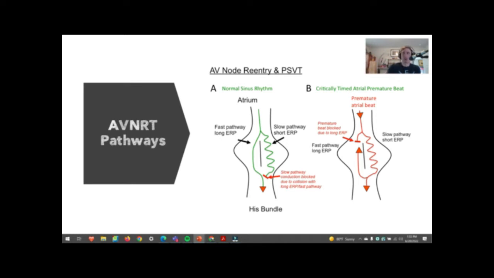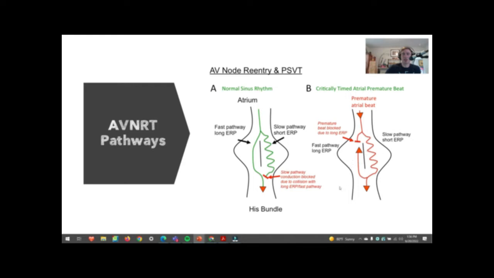So it is blocked during this normal conduction pathway, and it travels down this other pathway, and then it finds the other leg or side no longer refractory.